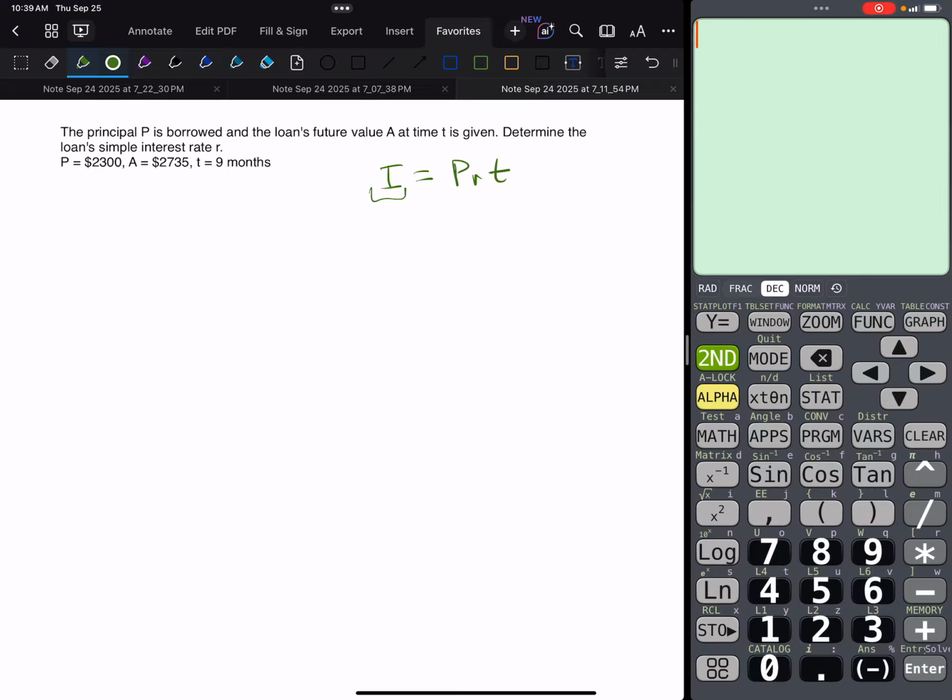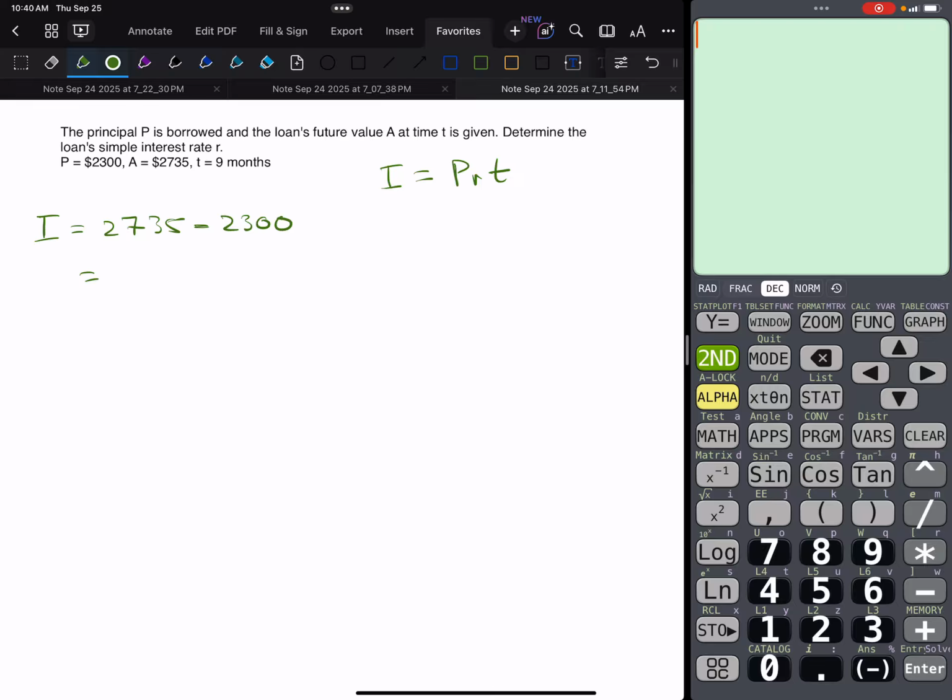I need I, and I don't have any I yet, so let's calculate the I first. I is going to be the difference between what I have in the end and what I had in the beginning. That's going to be the amount of money that was added to my initial investment. So that'll be what I finished up with, the future value, $2,735, minus what I started with, the $2,300.